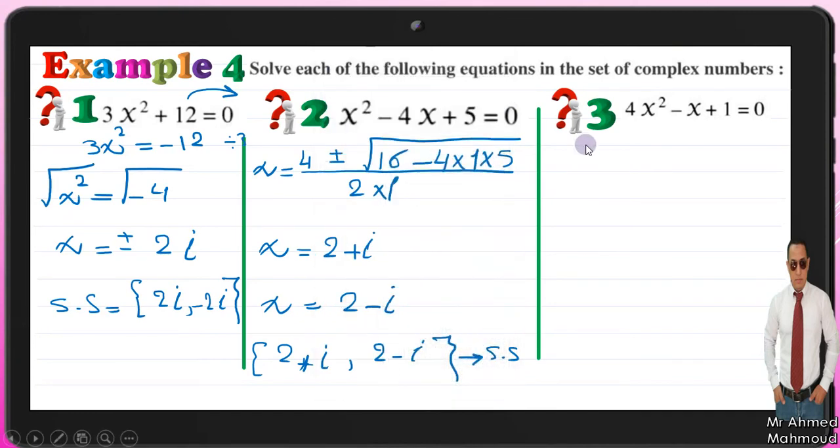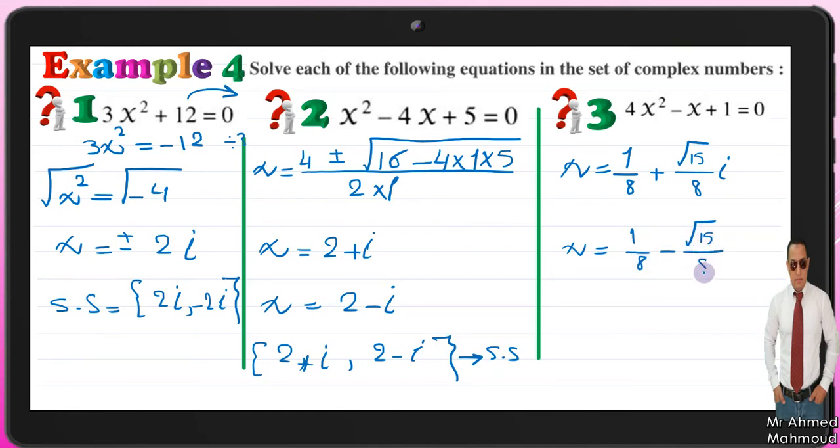Okay, x equals 1 over 8 plus root 15 over 8 i. The other x equals 1 over 8 minus root 15 over 8 i, and this is the solution set. Okay, you know the answer.